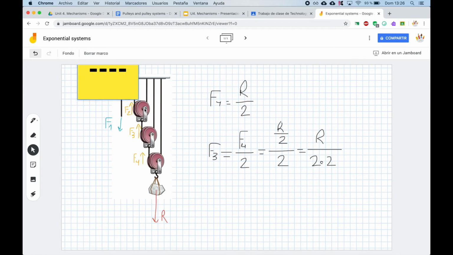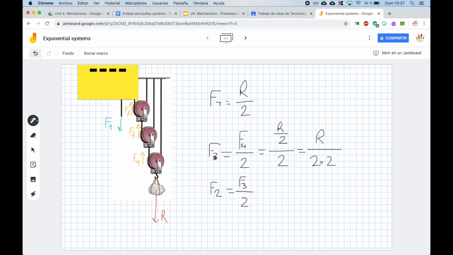Okay, another movable pulley, so the same. F2 is going to be F3 divided by 2.